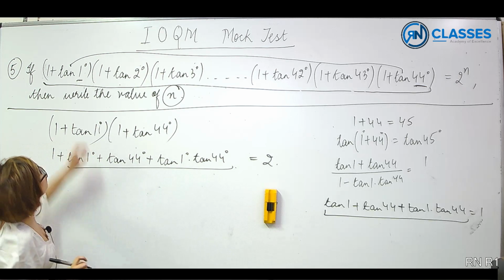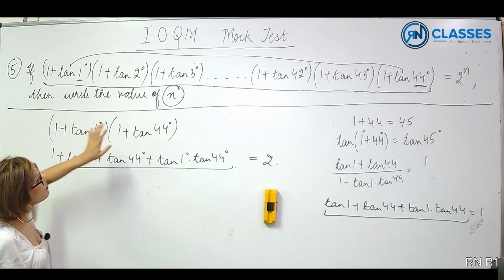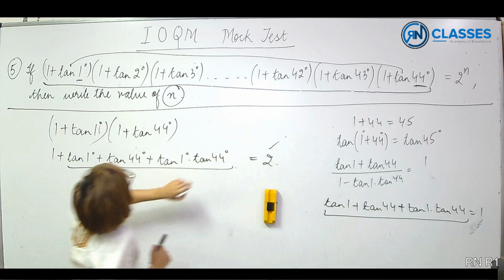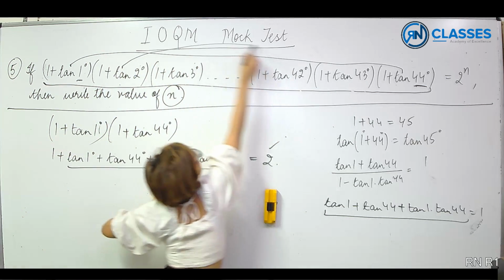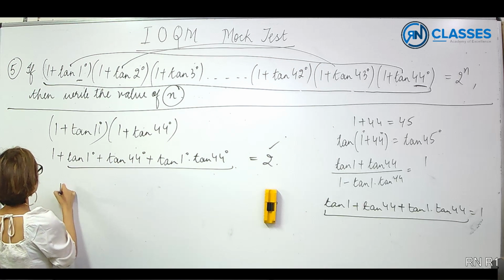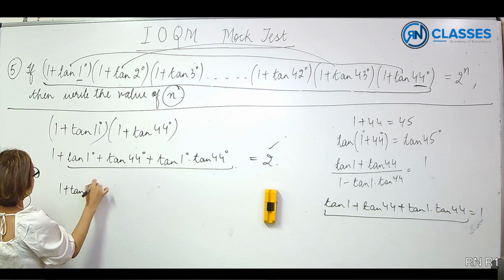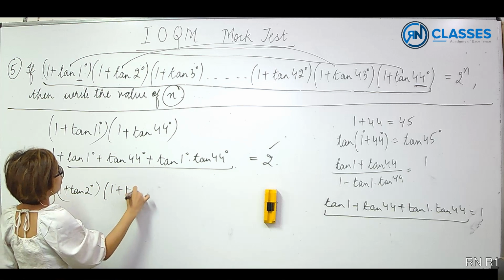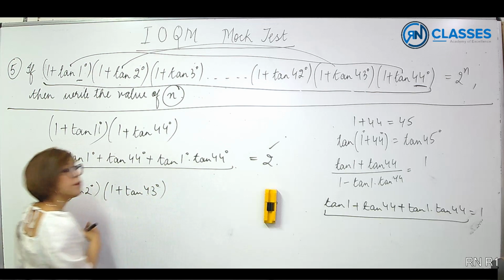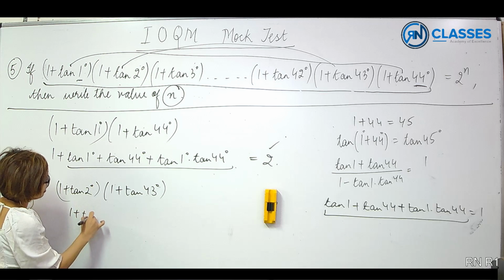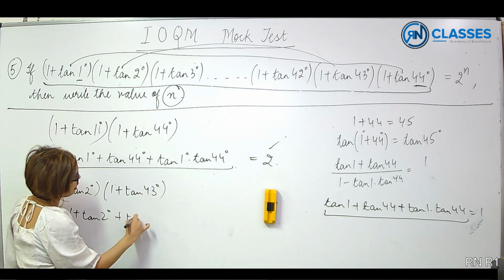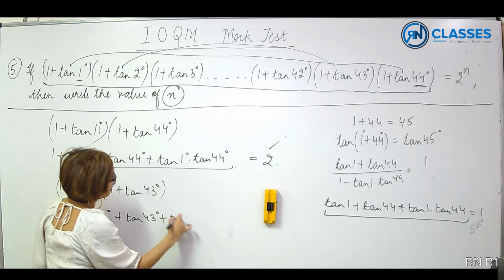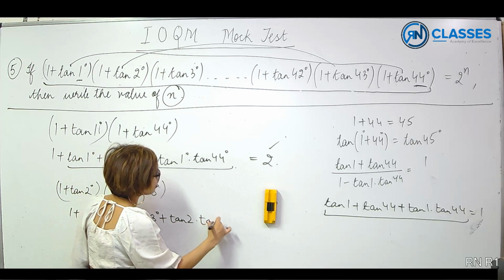Very nice number. If I multiply first and last, the number is very nice, which is 2. Let's see what happens when I multiply second and second last. That means (1 plus tan 2 degrees) into (1 plus tan 43 degrees). Again, I'll get 1 plus tan 2 degrees plus tan 43 degrees plus tan 2 into tan 43.